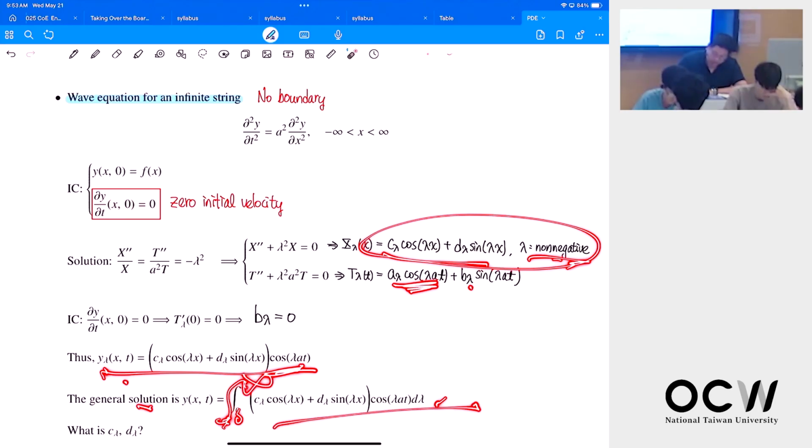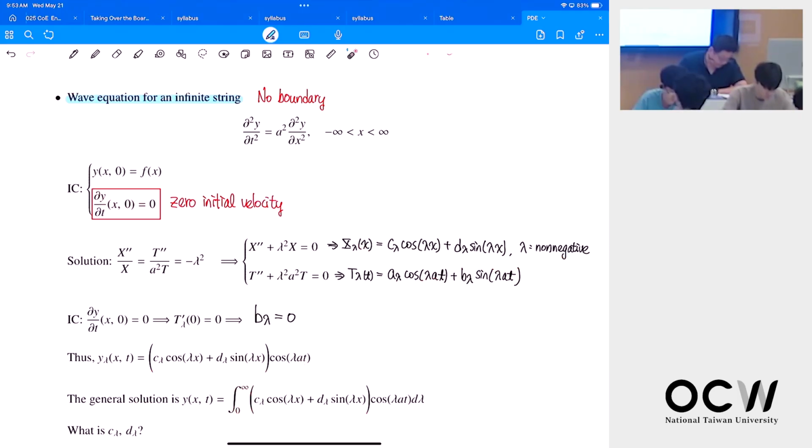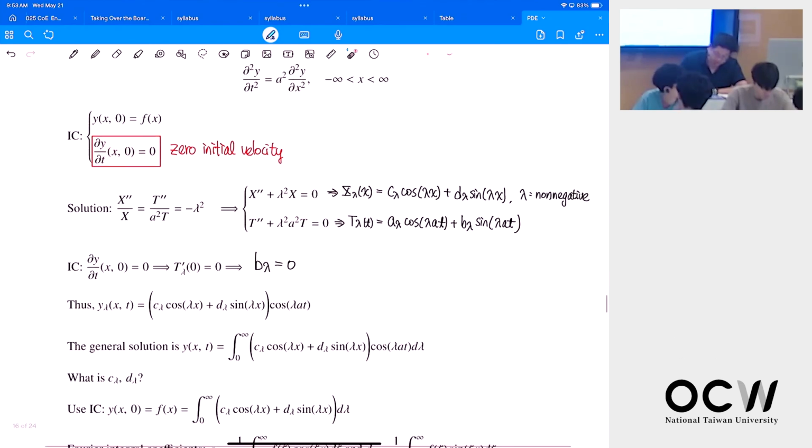Then what are the coefficients c lambda and d lambda? For the coefficients c lambda and d lambda, we can use our other initial condition. So when t equals 0, this is 0, so here is 1.